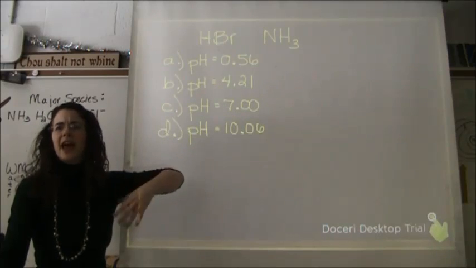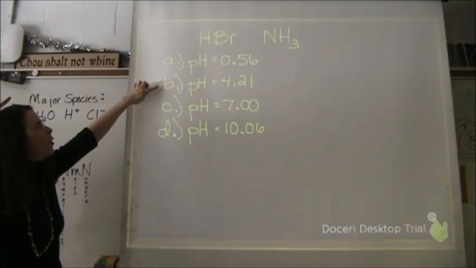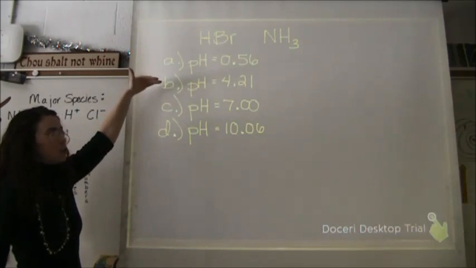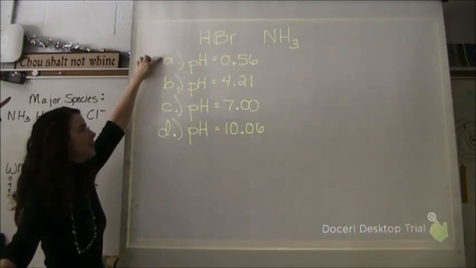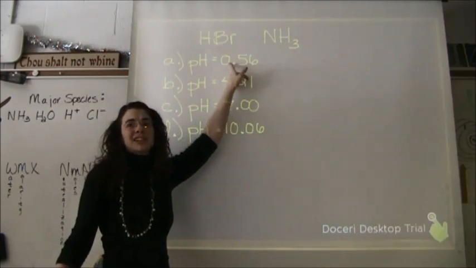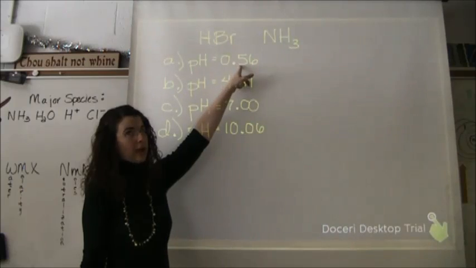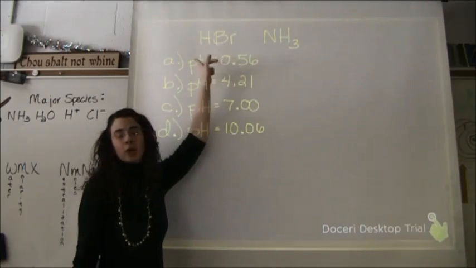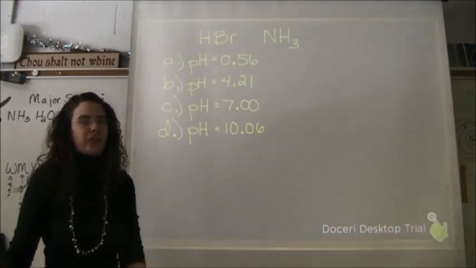Who dominates? The acid. It's B. Now, the pH at equivalence should be in the acidic range. It's not A, because, yeah, that's in the acidic range, but guys, that is like really acidic, okay? Your pHs at equivalence are not going to be at the extreme ends of the scale.